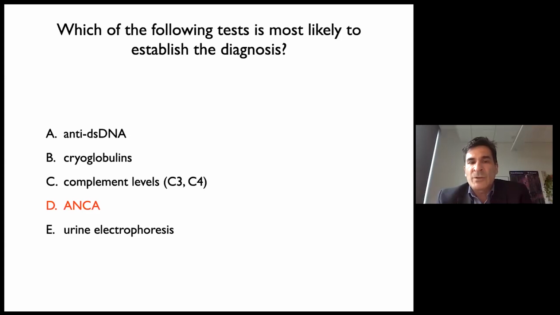And the condition that could cover all these different disease manifestations is GPA, whereas lupus or cryoglobulinemic vasculitis would not present with this complex picture.